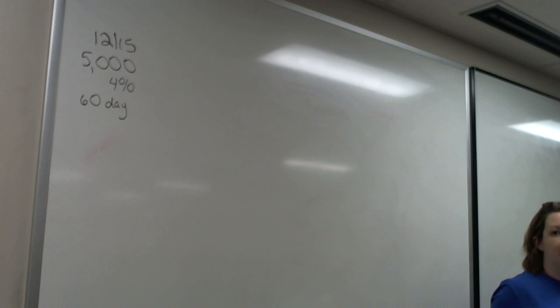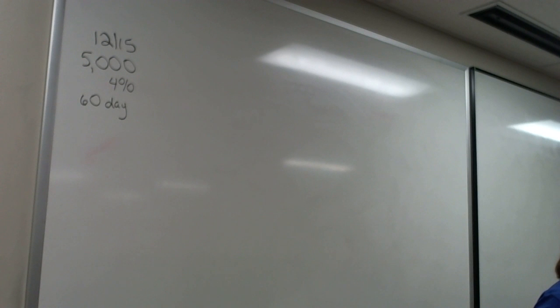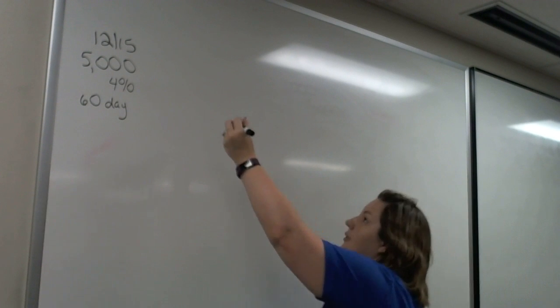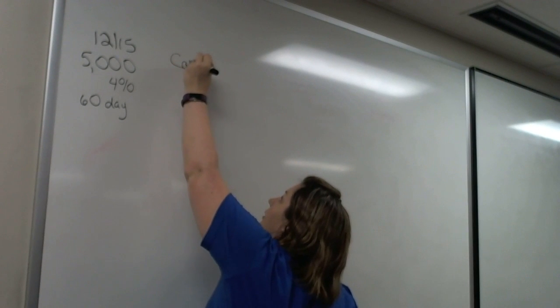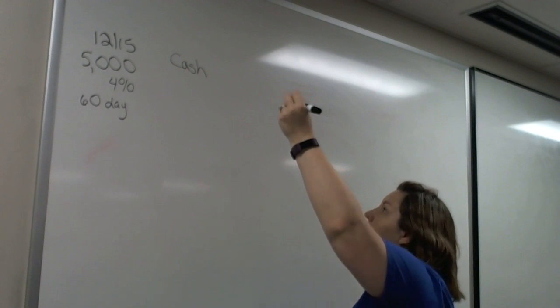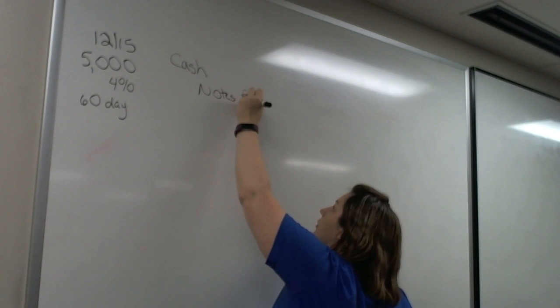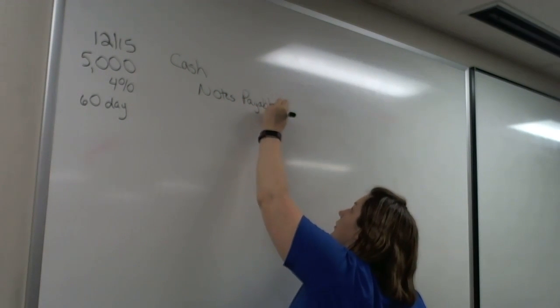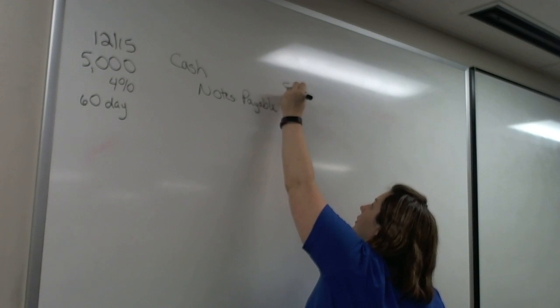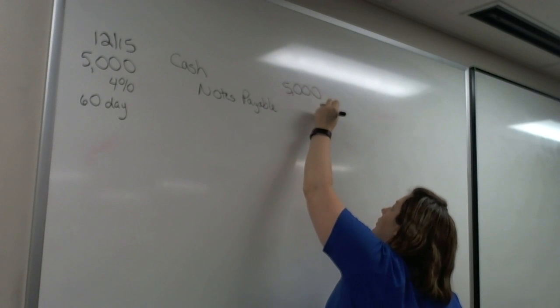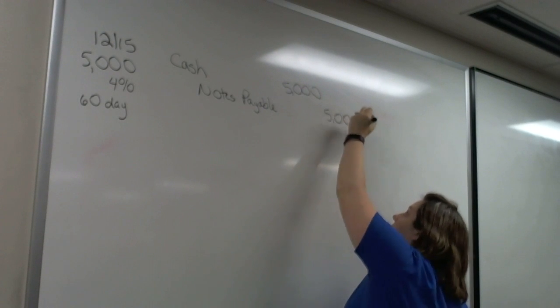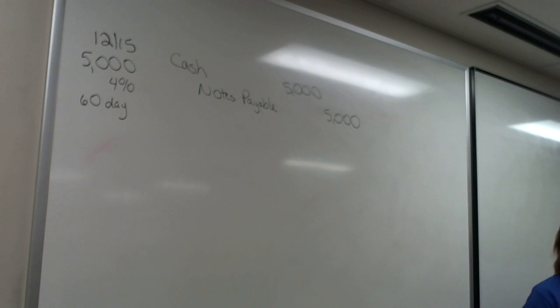What would I debit and credit when the note was issued to me? What am I getting? Cash. Good. So I'm going to debit cash, right? And what do I credit? Very good. Notes payable. For $5,000. Okay, so that's actually issuing the note on the 15th. We debit cash and credit notes payable.